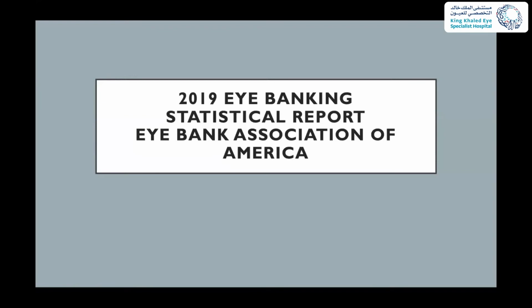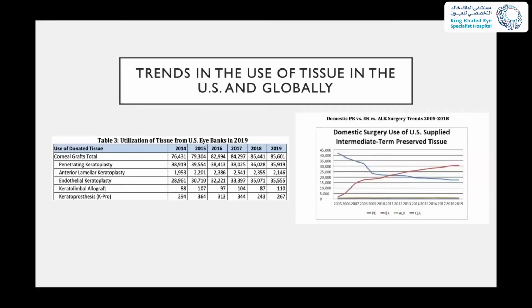So let's have a look now at the 2019 eye banking statistical report of the Eye Bank Association of America. Here you can see a table of the utilization of the tissue supplied by the US eye banks, where the left-hand table includes all the tissue supplied by the eye banks nationally in the US.